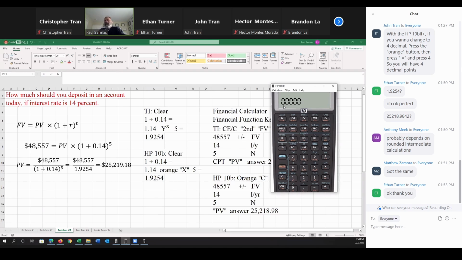If it says anything else, do 1, orange, PMT key. Press that. Now go back and do it again. Do orange, C. Does it say 1? Yes. Okay, now do the problem.